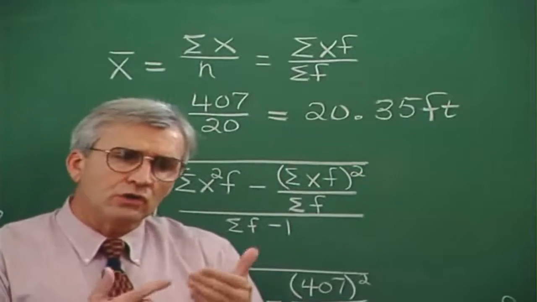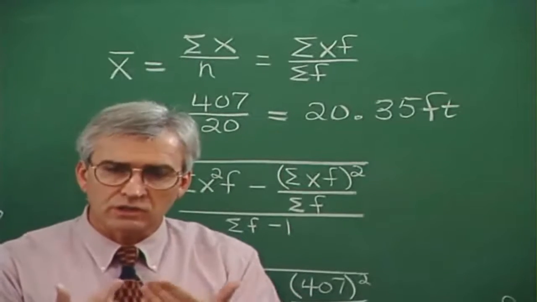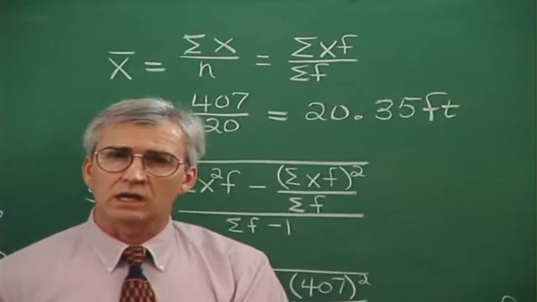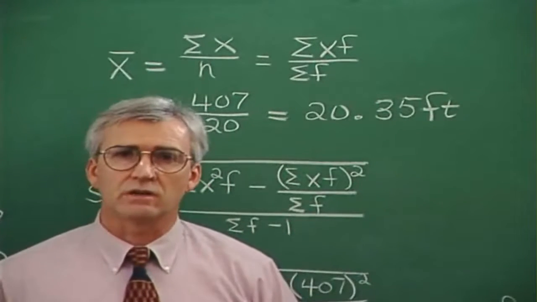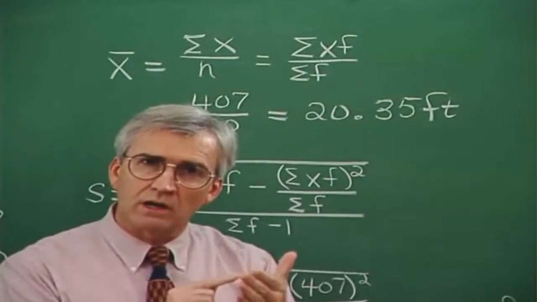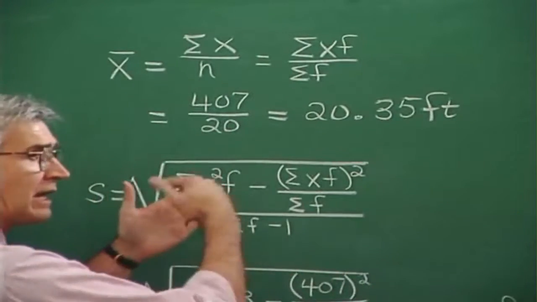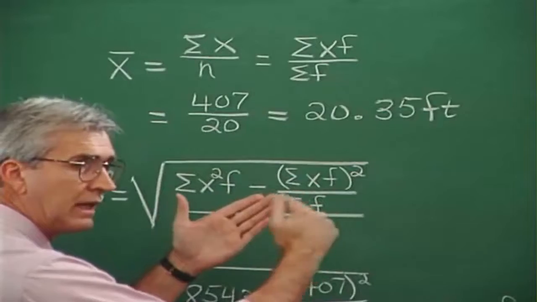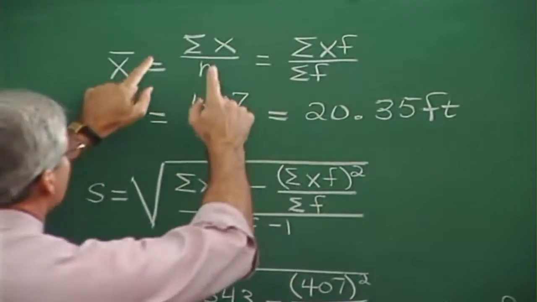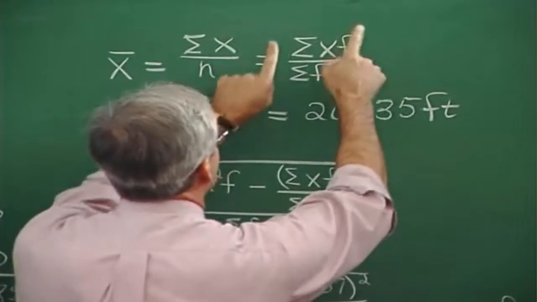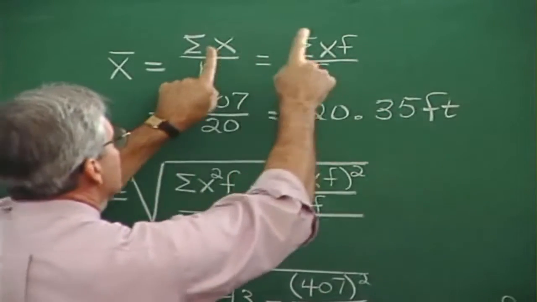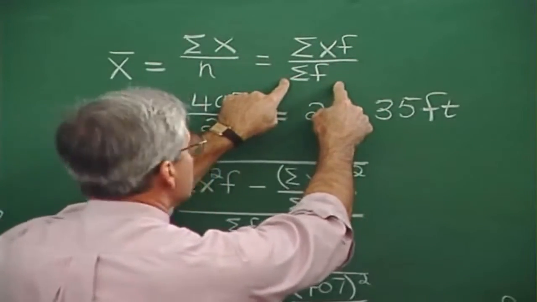Now, we are using that concept in this specific area, involving frequencies. So we know from our discussions here that we're going to multiply in a frequency idea in a lot of different places, so that as we apply frequencies, this becomes the sum of xf's, and this n, the number of items, is only the sum of the frequency numbers.